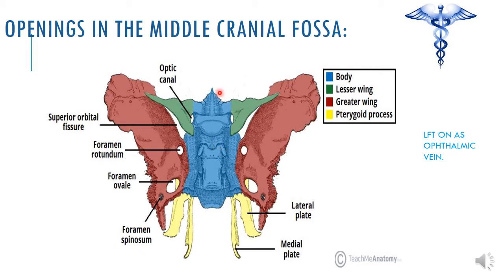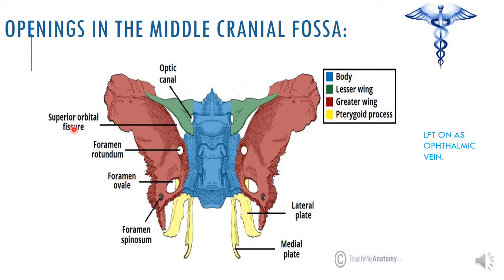Here you can see the sphenoid is formed by the lesser wing of sphenoid, the body of sphenoid, and the greater wing of sphenoid. Between the body of sphenoid and lesser wing of sphenoid you can see the optic canal, and the optic nerve and ophthalmic artery are the two structures that pass through this optic canal. You have to remember the optic canal and ophthalmic artery.